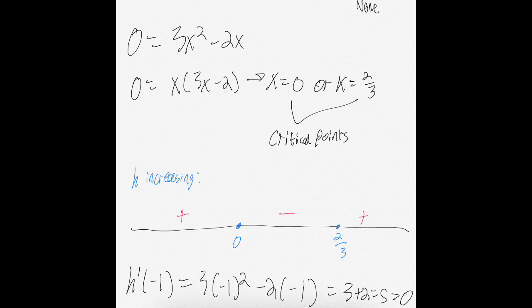Okay, so now we can see that h is increasing on -infinity to 0 and 2/3 to infinity, because those are the two intervals over which the derivative is positive.